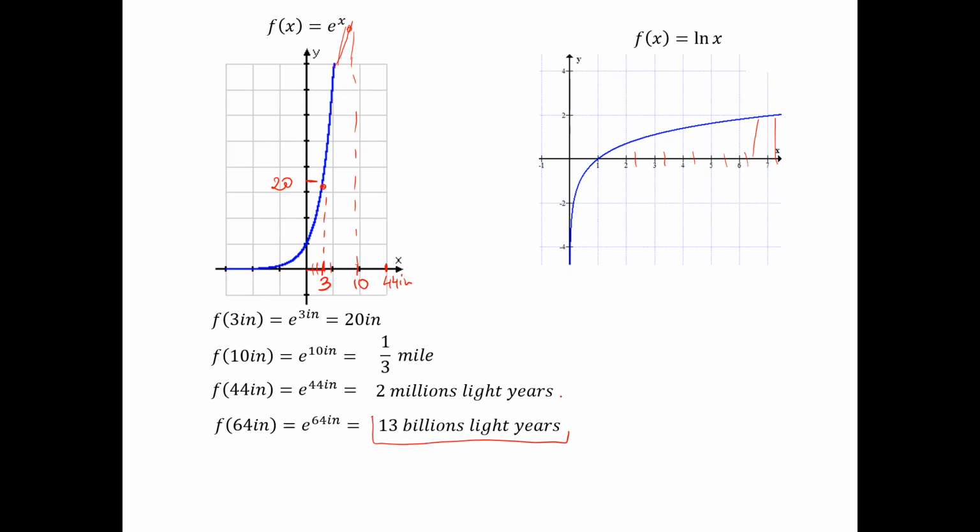We will reach the edge of the known universe, whatever is defined as known. It's an extremely big number, and it is only 64 inches of input. This value would be the edge of the known universe.